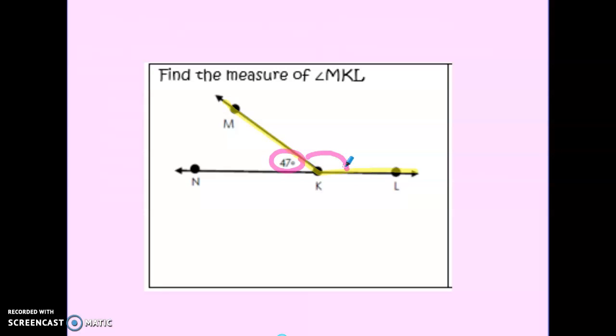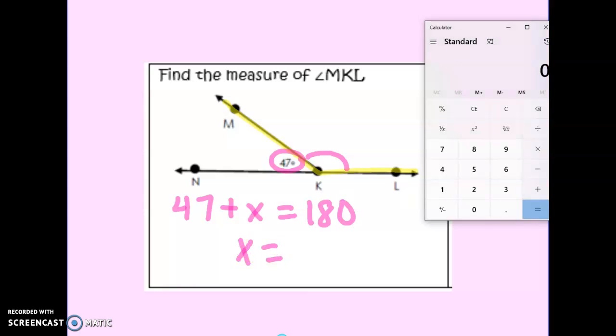If we add those together, we would get 180 degrees. So we could write an equation, which means we would subtract 47 from 180, and we get 133 degrees.